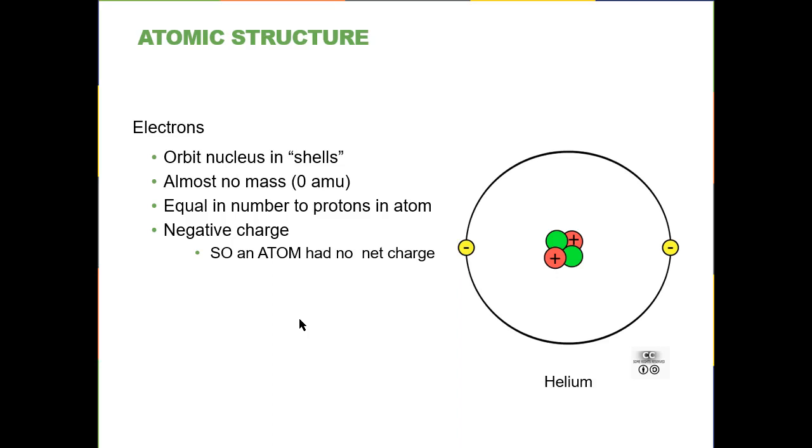They are equal in number to the protons in an atom and have a charge of -1, so equal in magnitude to the protons, but opposite. So an atom in its elemental form is going to have no net charge. It'll have the same number of protons as it has electrons.